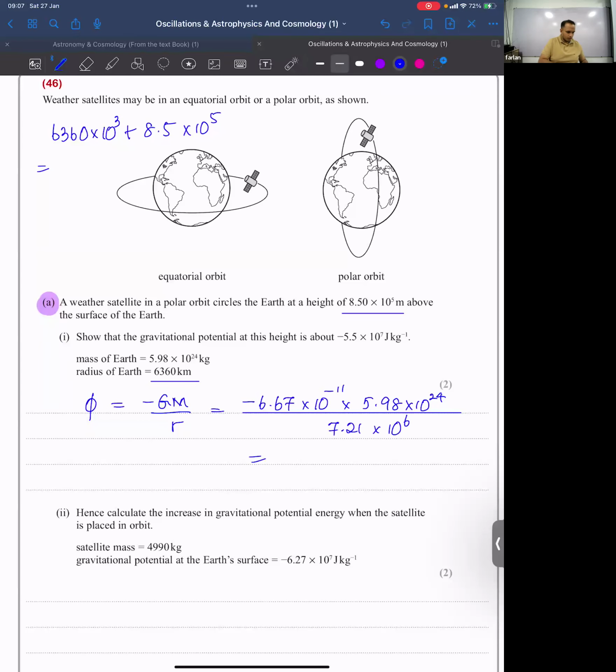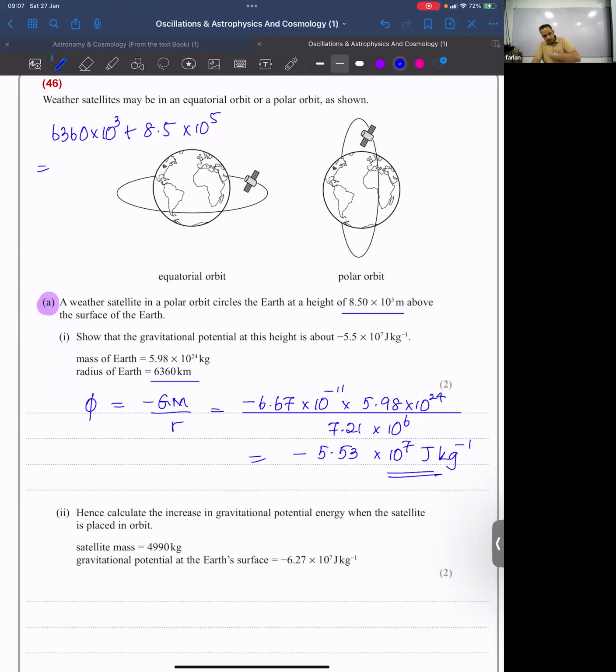So that's going to be minus 5.53 into 10 to the power 7 joules per kilogram.